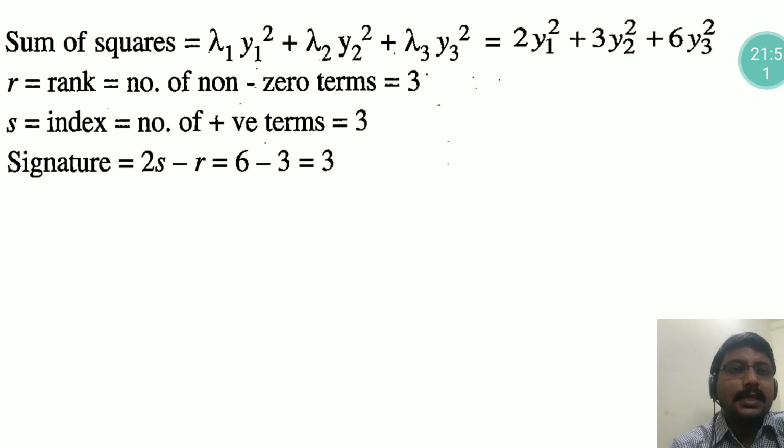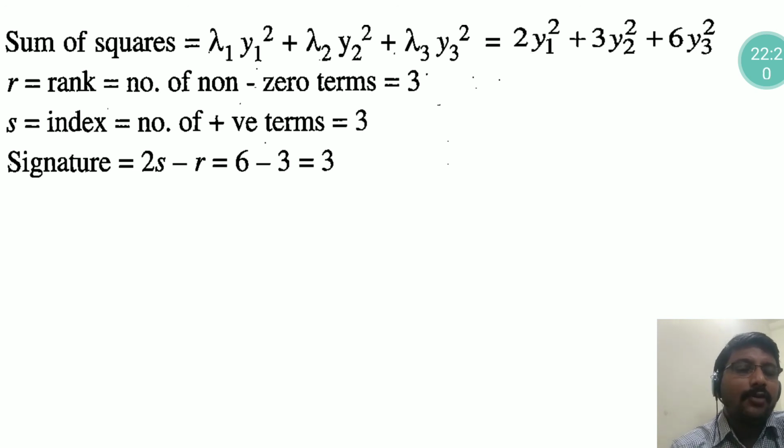Now the sum of squares is lambda 1 y1 square plus lambda 2 y2 square plus lambda 3 y3 square, that is 2 y1 square plus 3 y2 square plus 6 y3 square. Here we can define the rank, index and signature also. Rank is the number of non-zero terms. How many non-zero terms are there? 3 terms. So rank is equal to 3. S, index, is the number of positive terms. How many positive terms are there? 3. So index is 3.